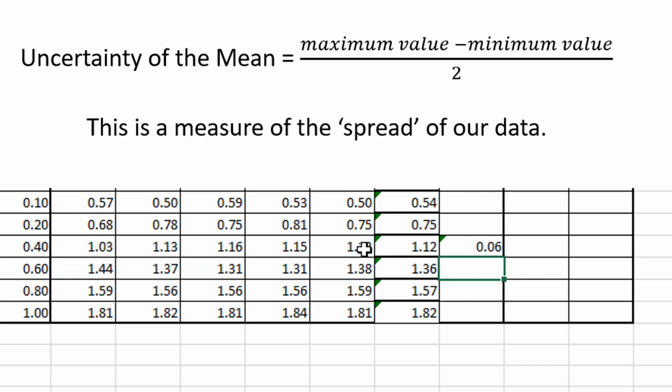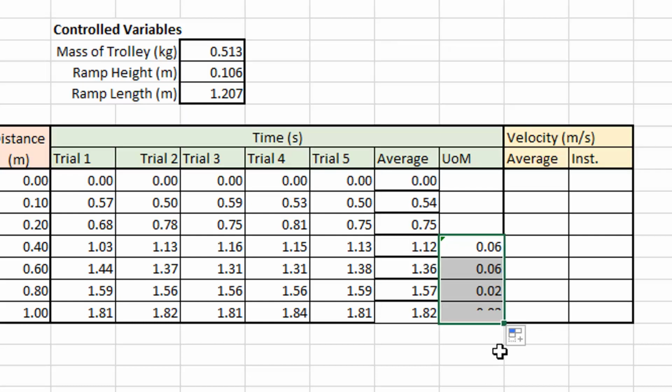Okay, so that is our formula for the uncertainty of the mean: the maximum of all of my values minus the minimum of all of those values, divided by 2. And again, I'm going to grab that autofill handle and autofill up and down all of those numbers there. So what does this tell me?